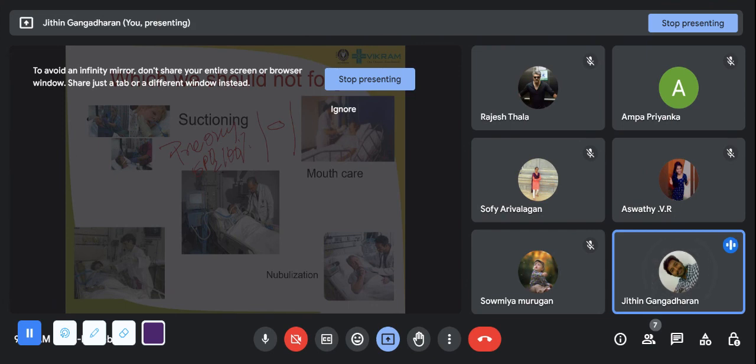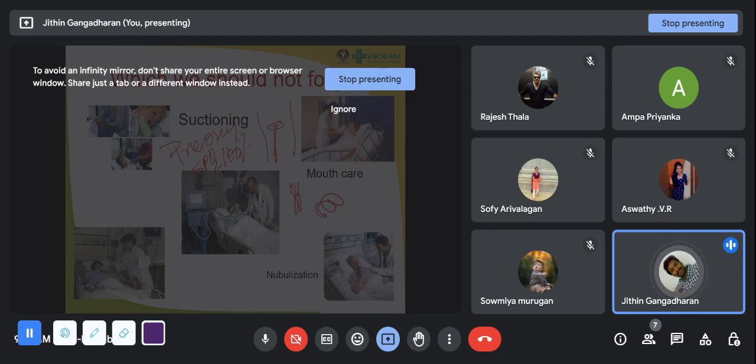After that, you have to insert the catheter with the suction machine switched off. Insert the catheter into the desired area, then switch on the suction machine.